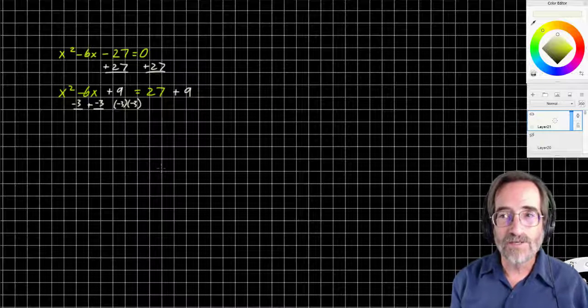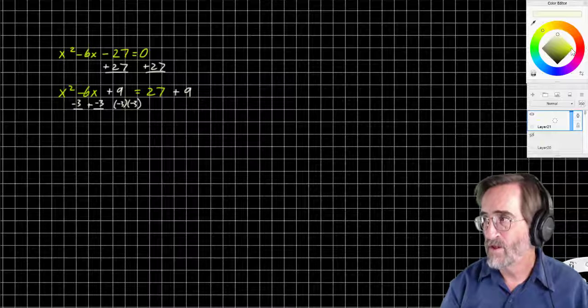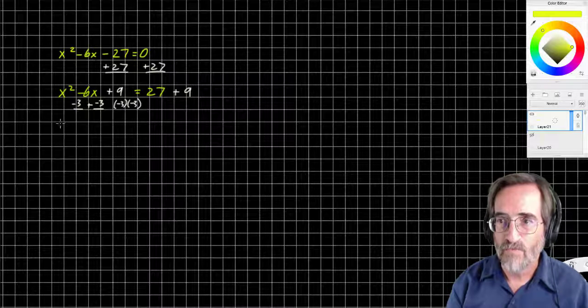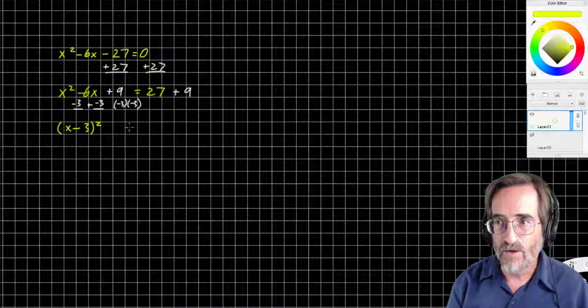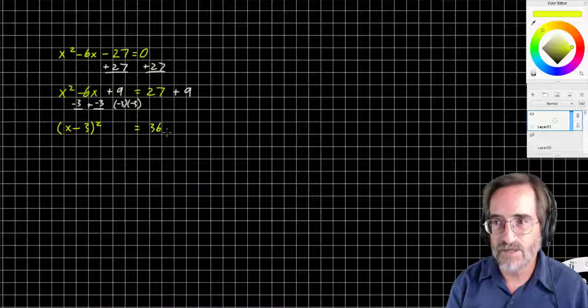And what I've just done is I've made the left-hand side into a perfect square. I can now write this as x minus 3 squared on the left side. And on the right side, I can do 27 plus 9 to get 36.